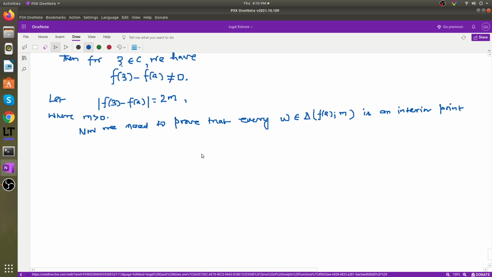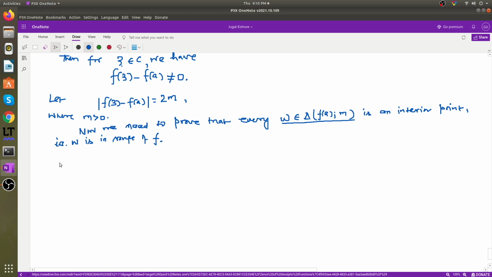That is, we need to show that w, which is a point in the disk of radius m at f(a), is in the range of f.